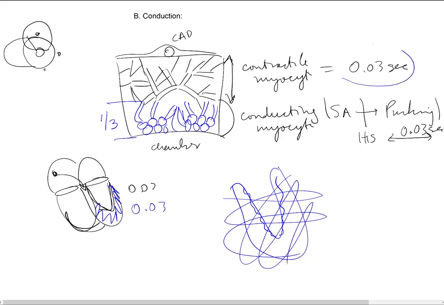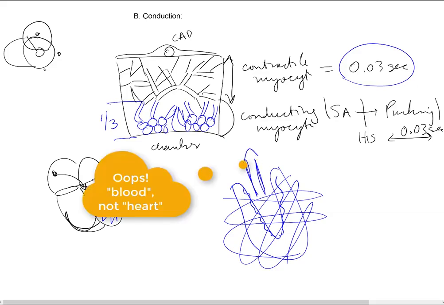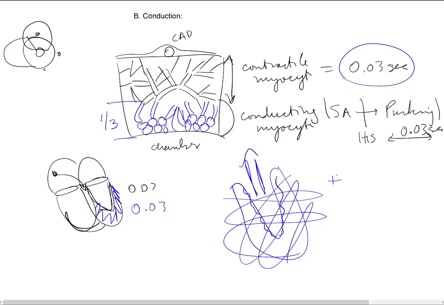Because these are all going to suddenly go at the same time, it's going to coordinate to give us a single bolus of blood coming out. In engineering terms, this is called a positive displacement pump. But of course, in medicine, we know this as a stroke volume. And it does that because of this very unique arrangement between the conducting and the contractile myocyte.